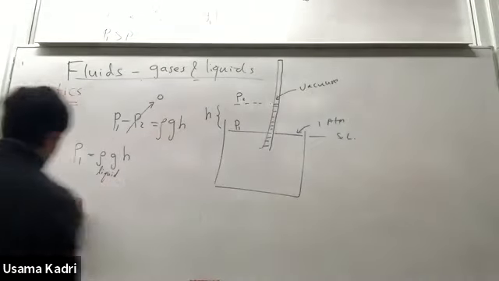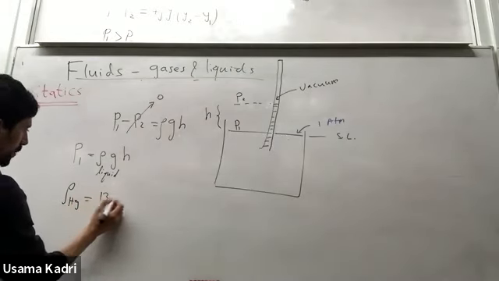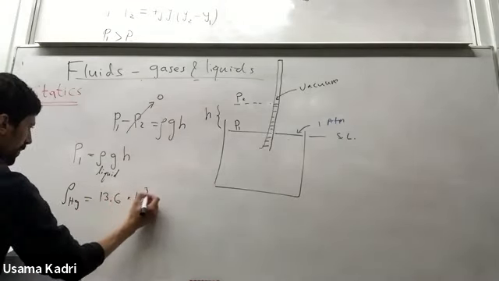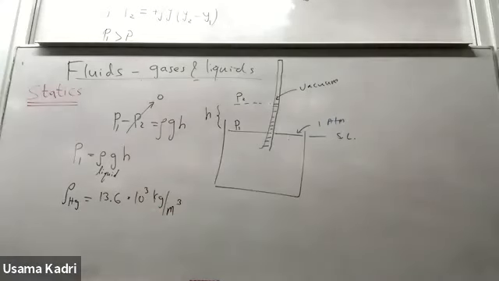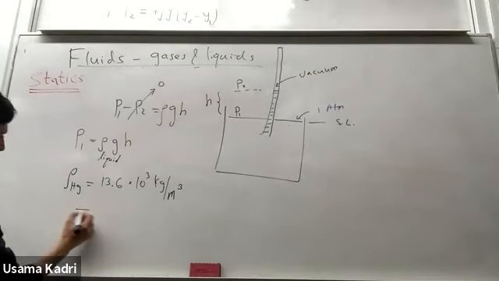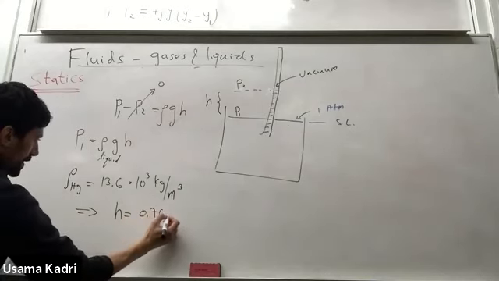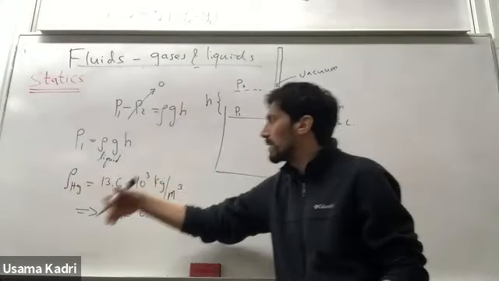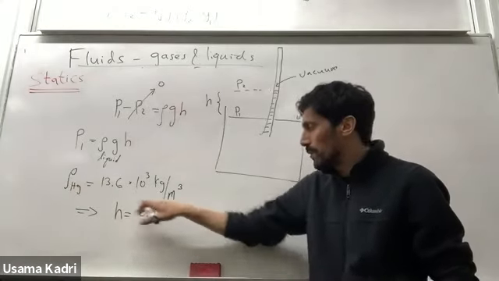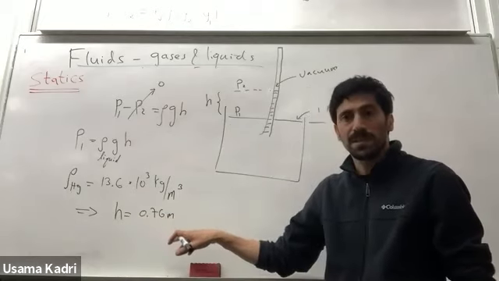So let me just write it here. So rho, the density of mercury, Hg, is 13.6 times 10 to the power 3 kilogram per meter cubed. If you make the calculation, you would see that h would be 0.76 meters. Or in other words, if you measure that h, you find that it would be 0.76 meters, right?